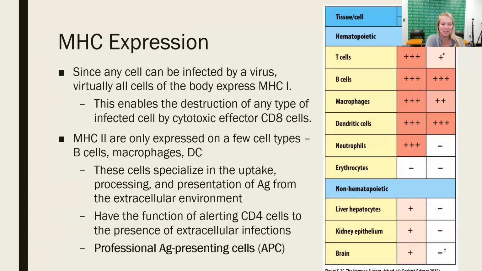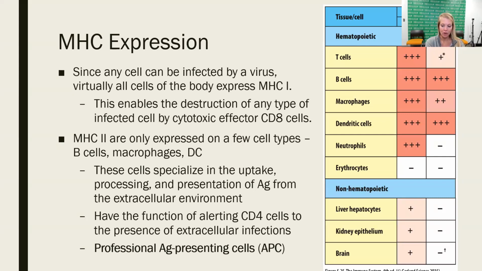Okay, we're going to move into our last concept here, which was MHC expression. Major histocompatibility complex. These are human proteins that are coded for in normal genetics fashion. So you have a set of genes for your MHC based on your parents and what they gave to you.